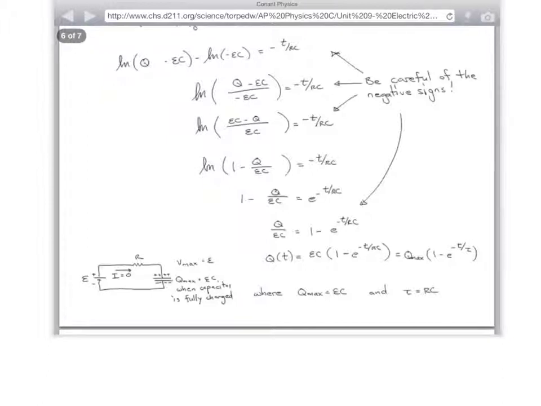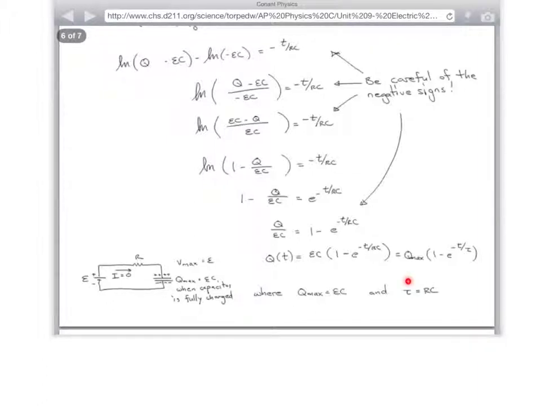Okay. Now here's an interesting thing. What is this quantity, epsilon, or EMF, times the capacitance equal to? That's actually equal to your maximum charge. Do you see why?